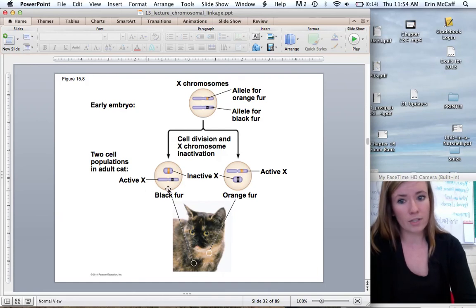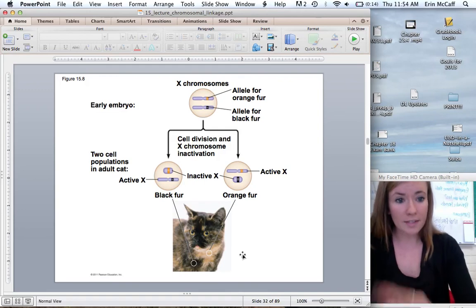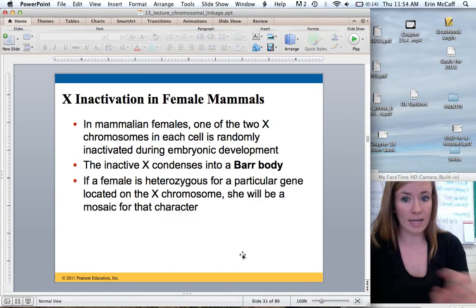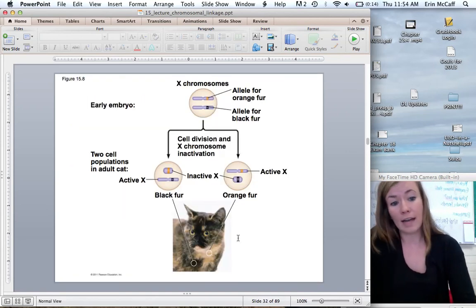These cells will be orange, these cells will be black, and it's totally random, so they have a different pattern, so it's called a mosaic. And that is caused by a Barr body, which again is an inactive X found only in females. So only female cats are ever going to be calico.